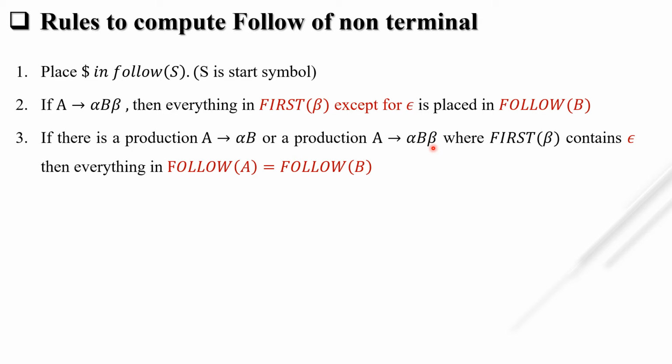Then what is the follow of this B? The follow of B is everything which is in the first of beta. If this beta contains null, then the production looks like this. Then what is the follow of this B? There is nothing in the follow of B. So we have to put all the things in the follow of B which are in the follow of A.